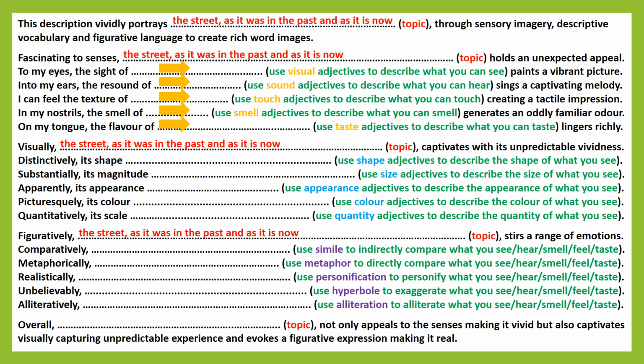Paragraph 2 should focus on descriptive vocabulary, providing sentence examples that include at least 5 types of adjectives: shape, size, appearance, color, and quantity. Paragraph 3 should focus on figurative language, providing descriptive sentence examples that include the basic figures of speech: simile, metaphor, personification, hyperbole, and alliteration. Your response should end with a conclusion that reflects the topic of description.